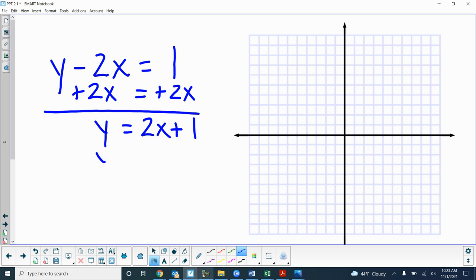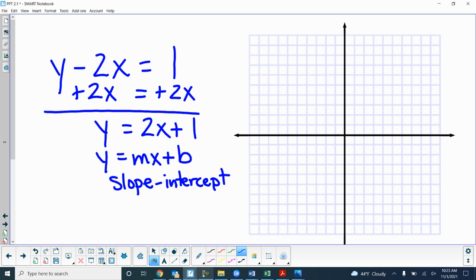I like to put it in this form. What do we call that? Right, slope-intercept form, right? M is the slope, and B is the y-intercept, right?